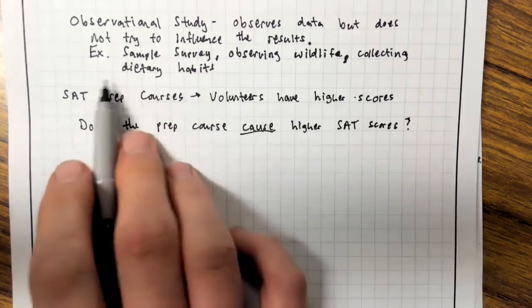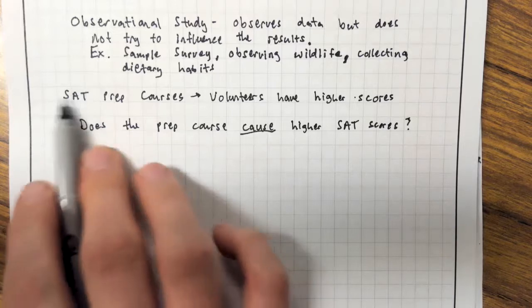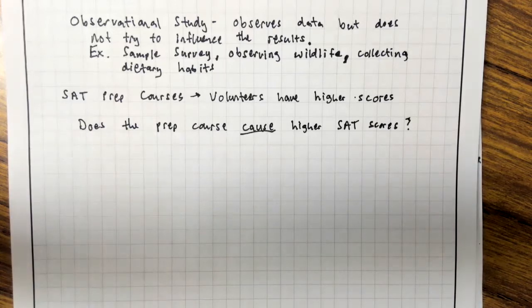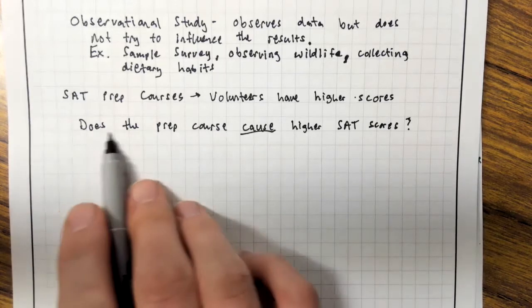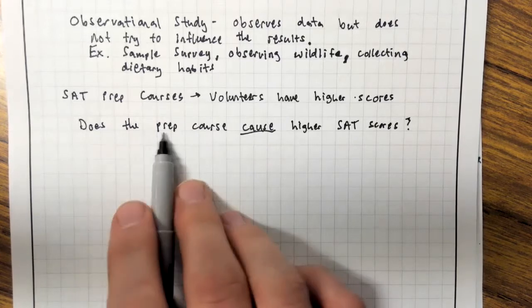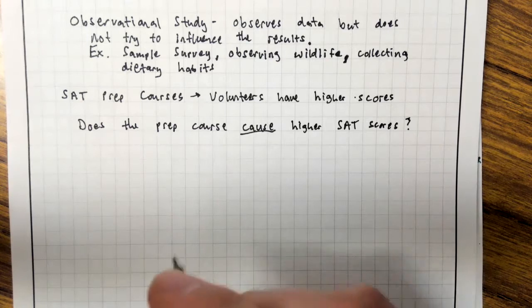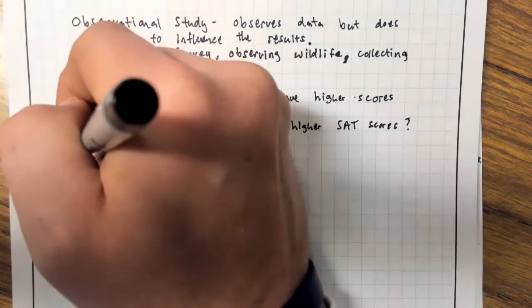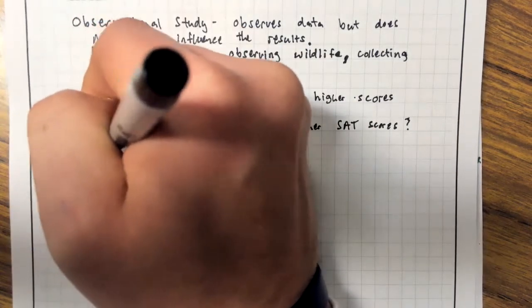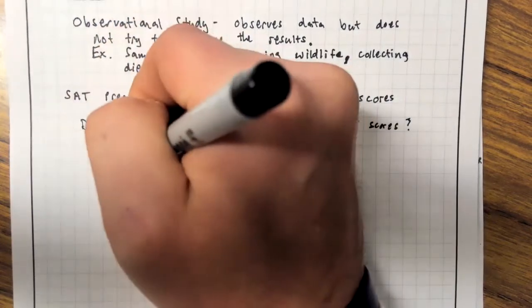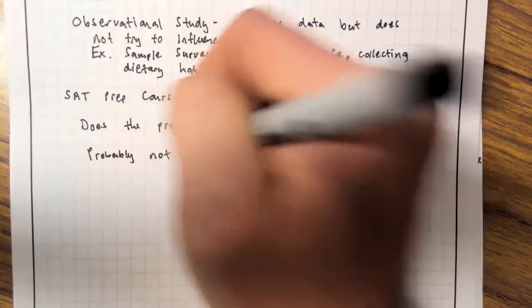Volunteers have a lot of motivation to do well. They really want to score well on the SAT to get some scholarships or get accepted into really good schools. So does the prep course cause higher SAT scores? Probably not.